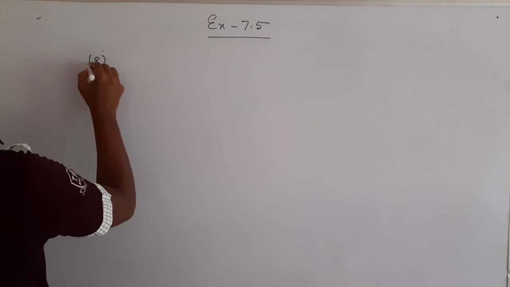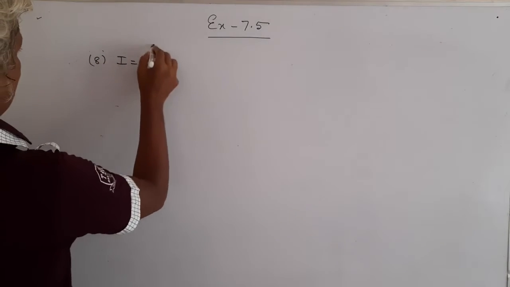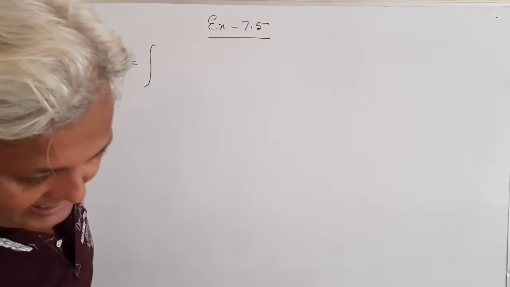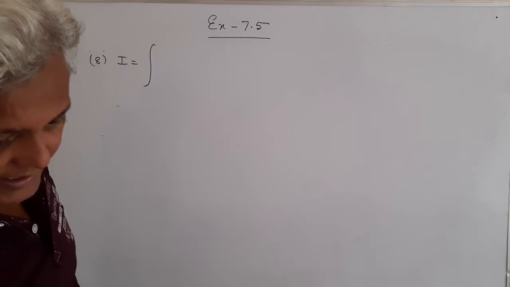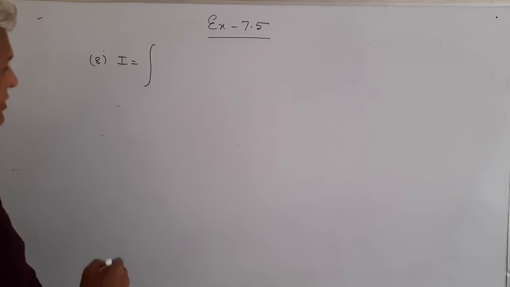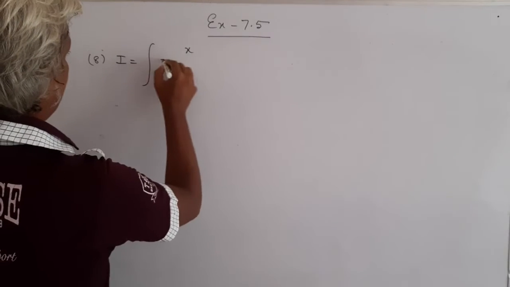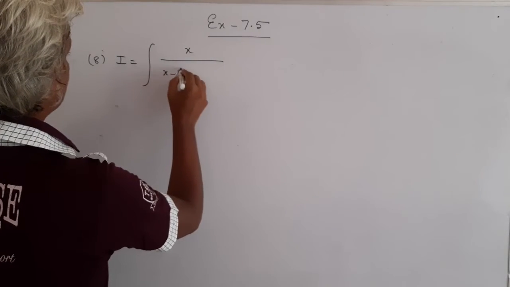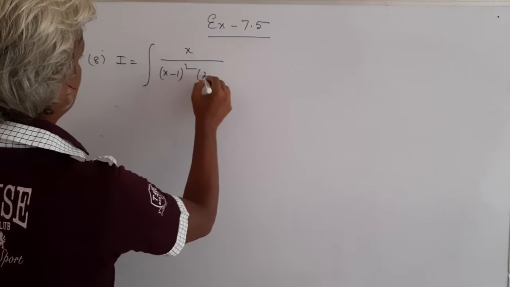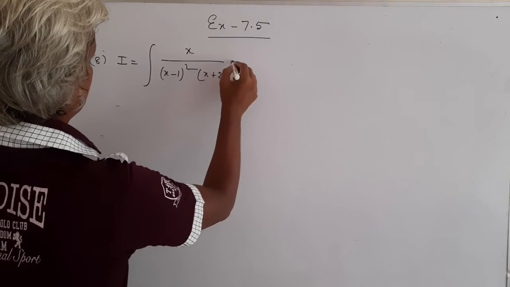Question number 8, integral I, you have to find this as x over (x minus 1) whole square (x plus 2) dx.